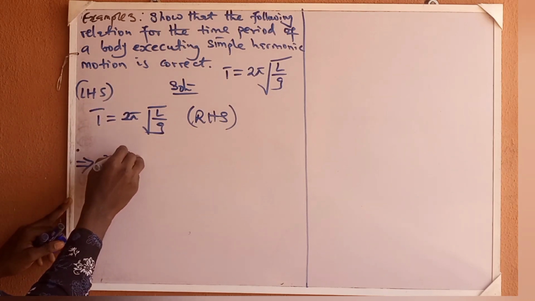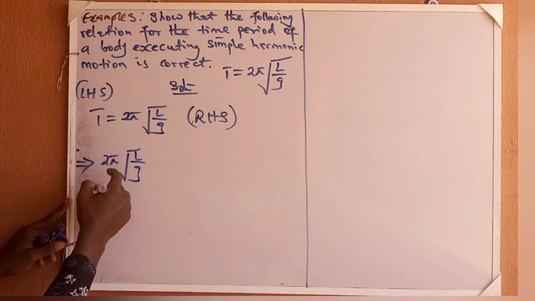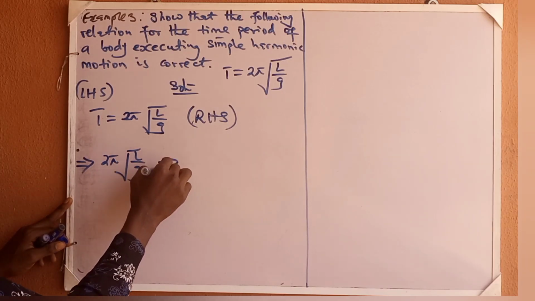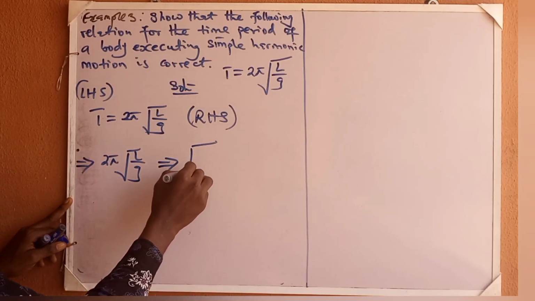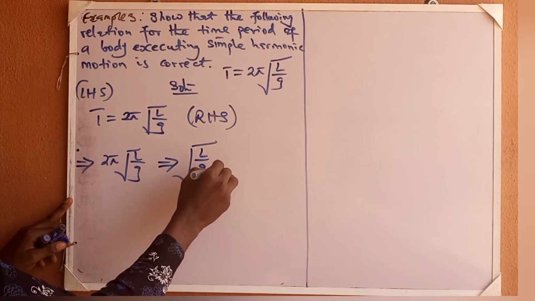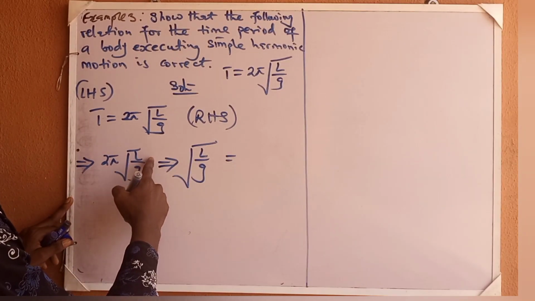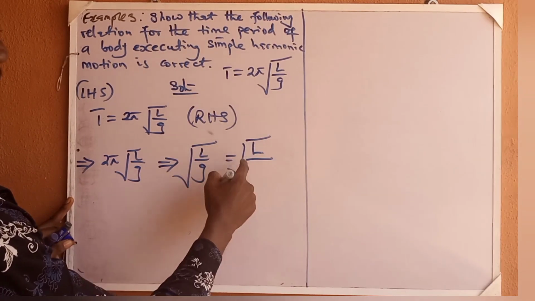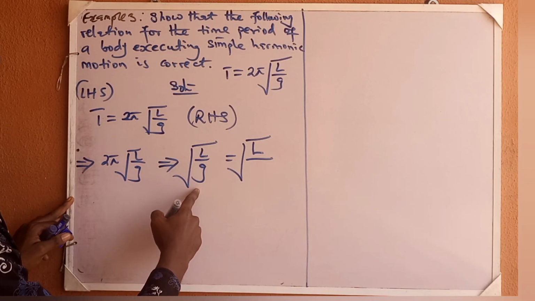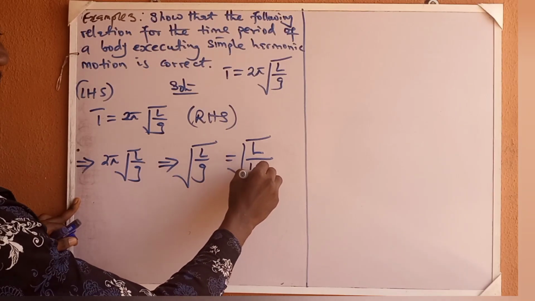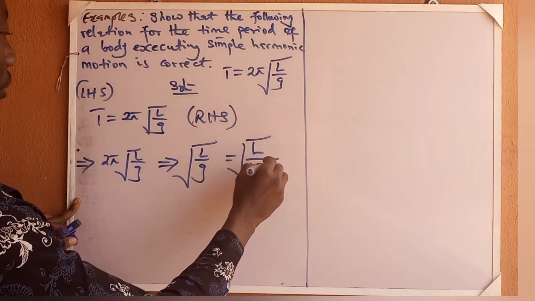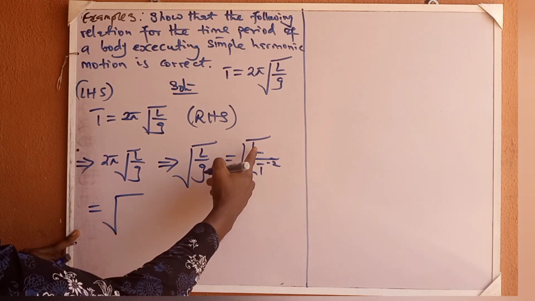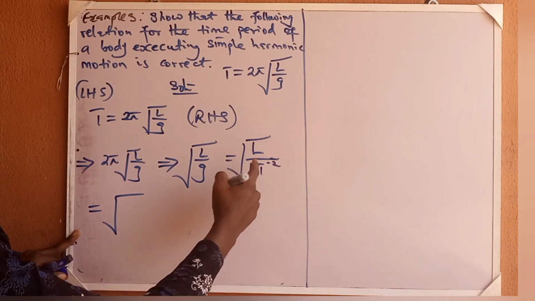So we have 2 pi square root of L over g. Now 2 pi here has no dimension at all. So we're going to proceed with square root of L over g. Now L is length, which still possesses the dimension of length, which is L, capital L. g is acceleration, which we have gotten as LT to the minus 2. Now, what we have here is L over LT to the minus 2.